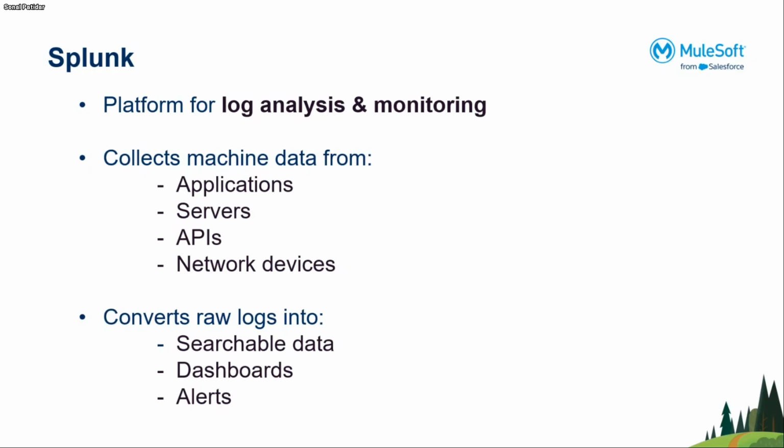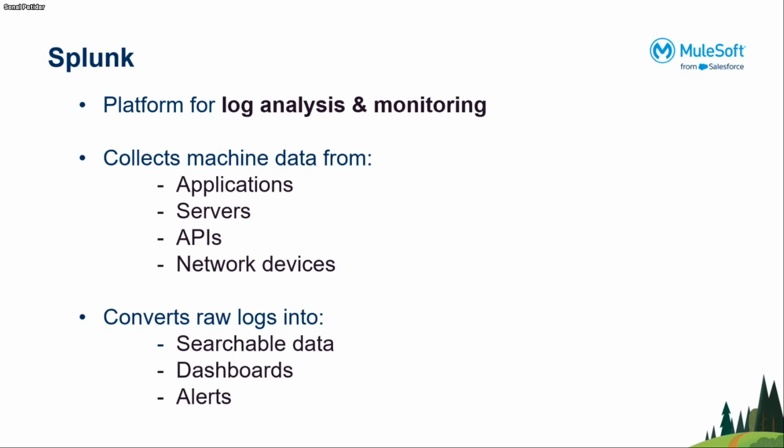Splunk collects data from application servers, APIs, and network devices. From applications, for example Mule applications, every API request, response, and error gets logged. For server logs like CPU usage, memory, and system errors, all of that can be logged into Splunk.